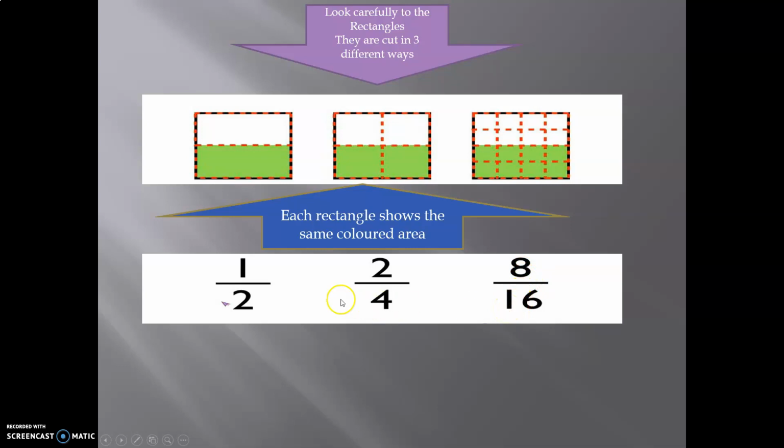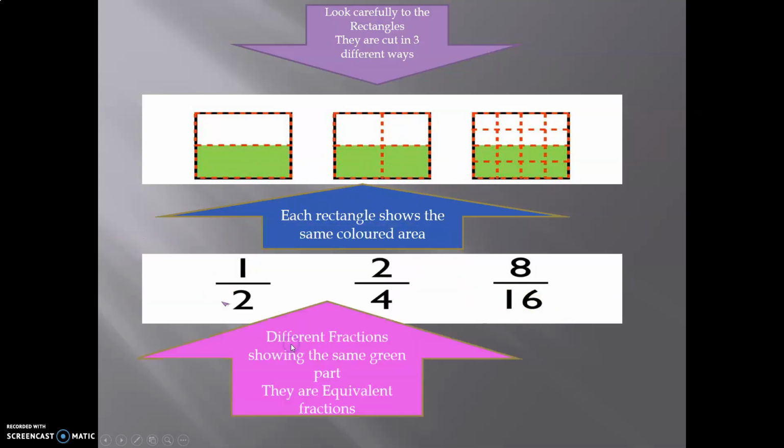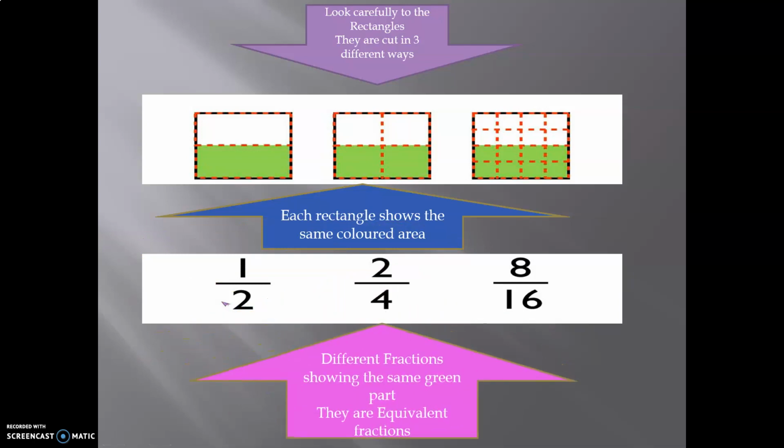So in this case, if you have different fractions representing the same area, it means those fractions are equivalent fractions or equal to each other. So different fractions showing the same green area or the same green part are equivalent fractions. Let's move to another example.